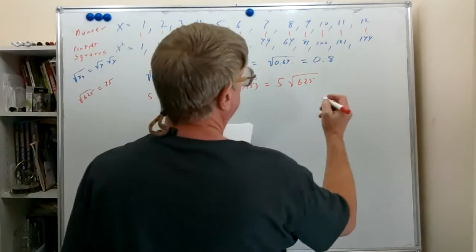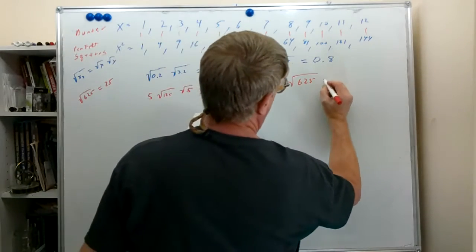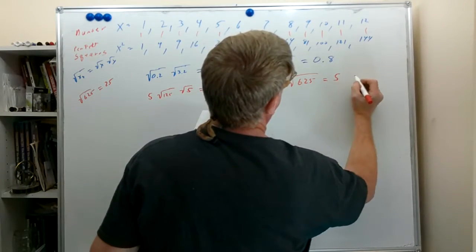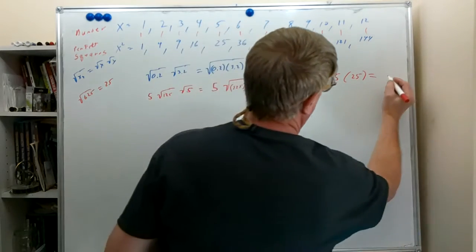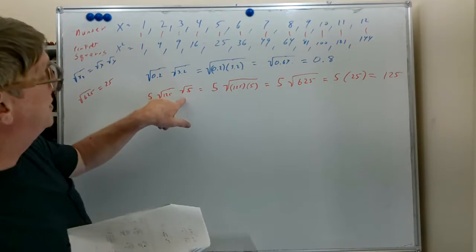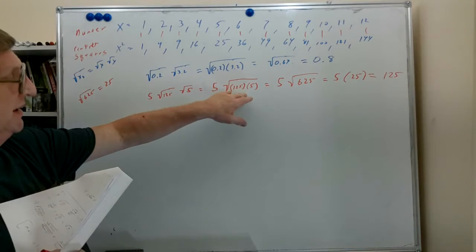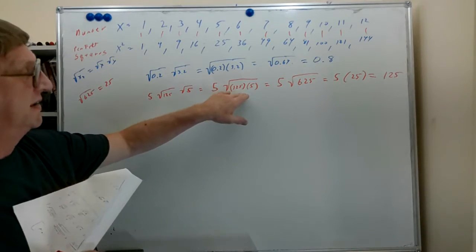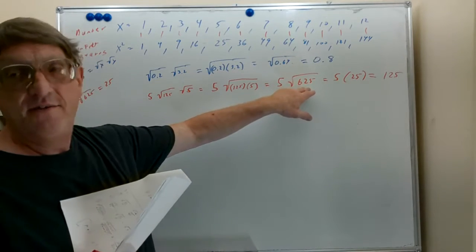So we can rewrite this. We can replace this 625 with the 25. 5 times 25, which of course we multiply, equals 125. So we're presented with this, which looked a little tough. We combined it underneath the single radical sign. We multiplied out, got 625, which is a perfect square.